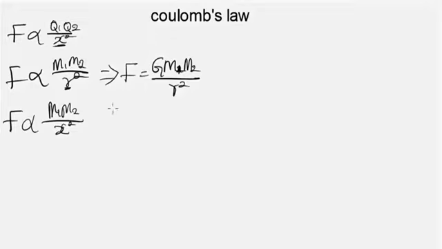So with this, let's also recall that we can write this as F equals G M1 M2 over X squared.